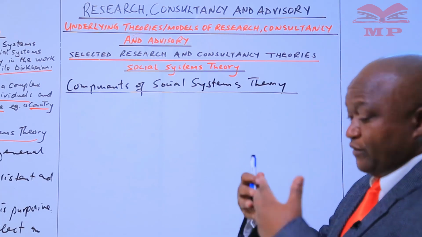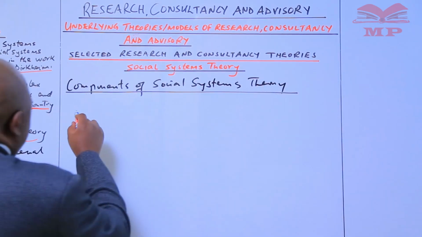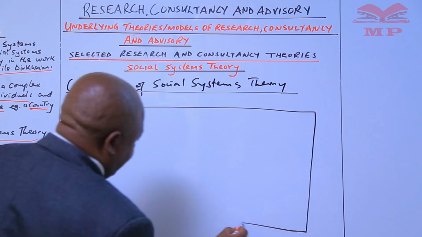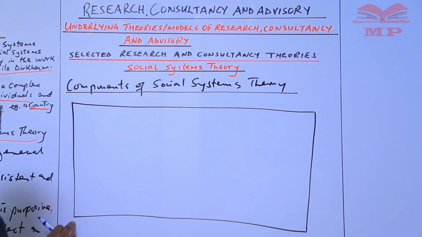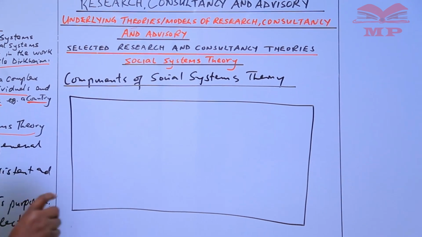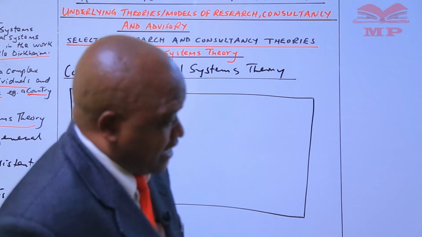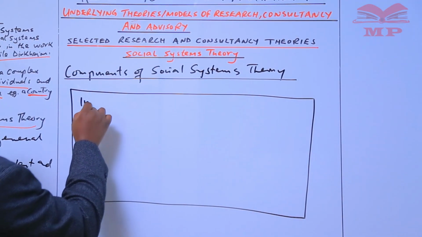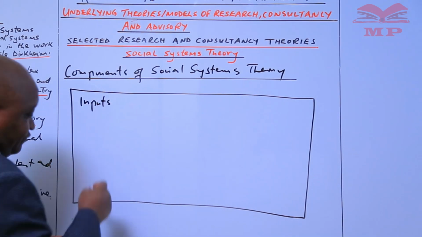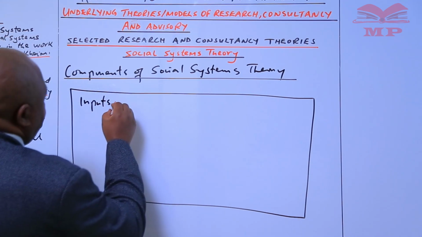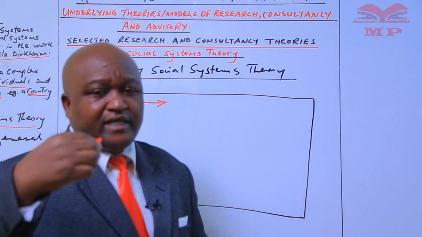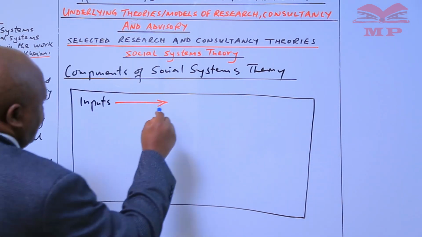The components of a social system can be shown in a diagram. Within this social system, you have inputs, and these inputs are directed towards the processes, where they have to be processed within an organizational setting.